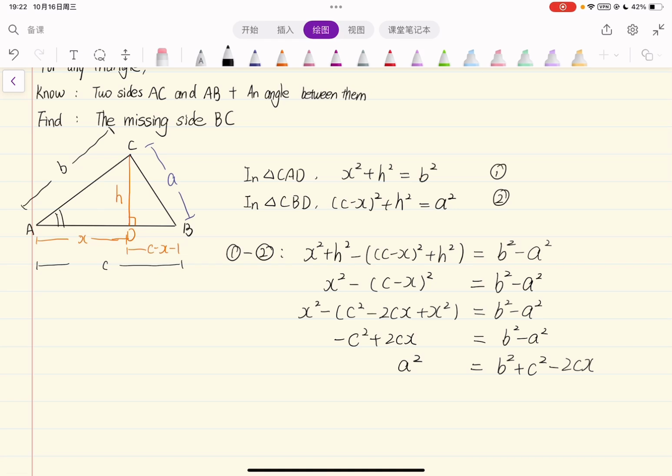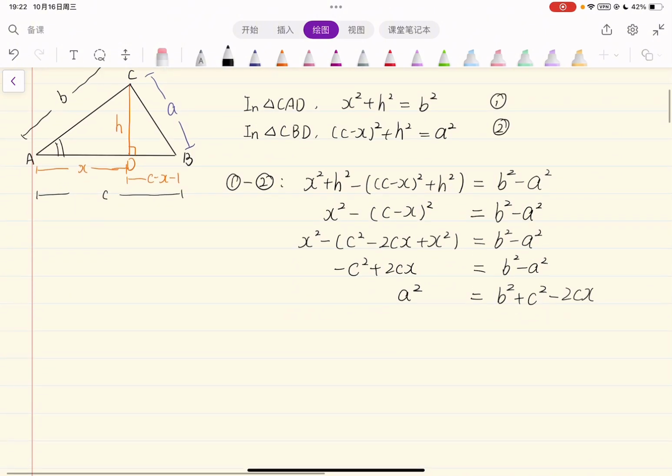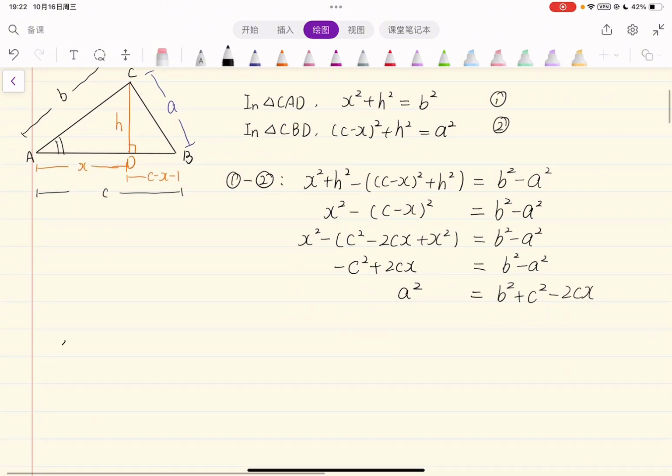Until now, we didn't use any information about the angle between b and c. Now it's time to use it. So we look at the triangle CAD and use the cosine ratio.